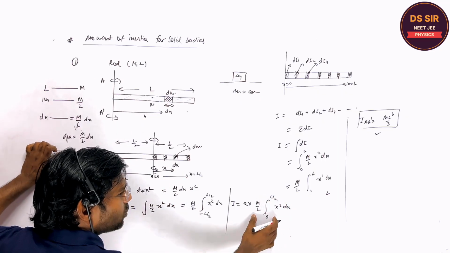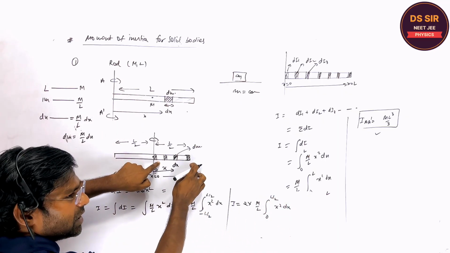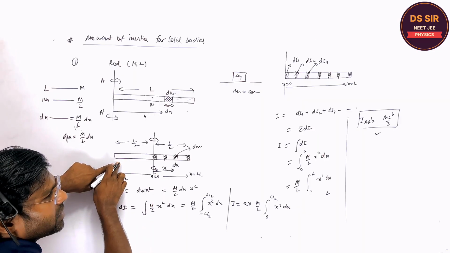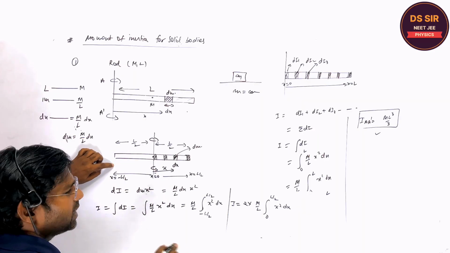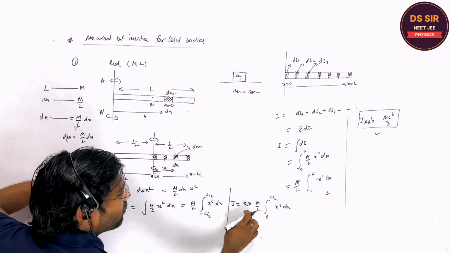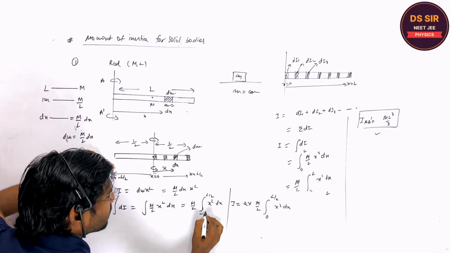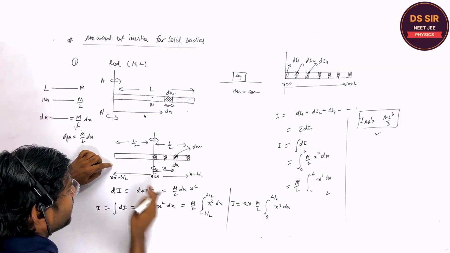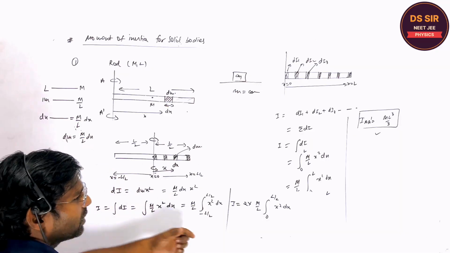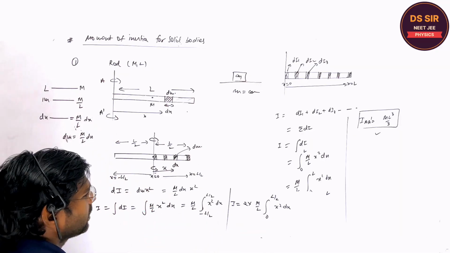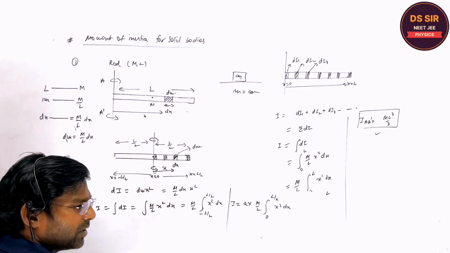Either you multiply by 2 because this is the half rod this side, the similar rod is this side, and the moment of inertia is a scalar quantity. So therefore it will be added, or it is multiplied by 2, or you may write in one time from minus L by 2 to L by 2. Either integration you will solve, you will get the answer. Are you getting or not?